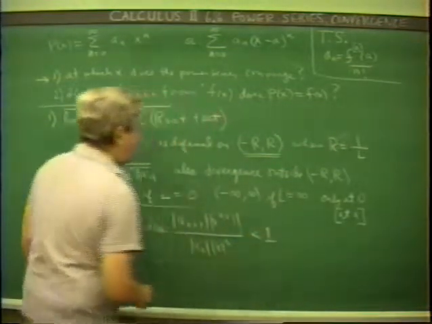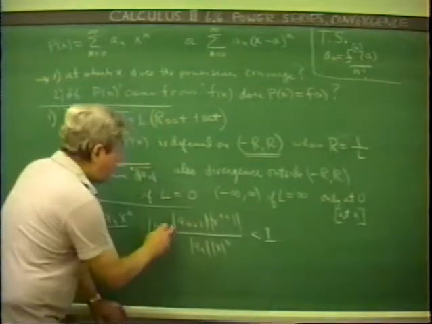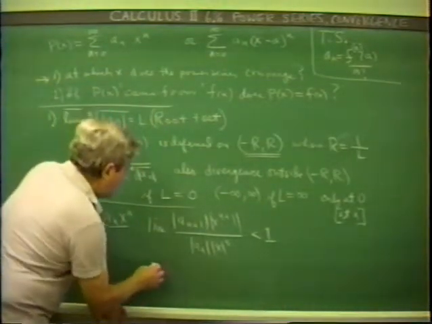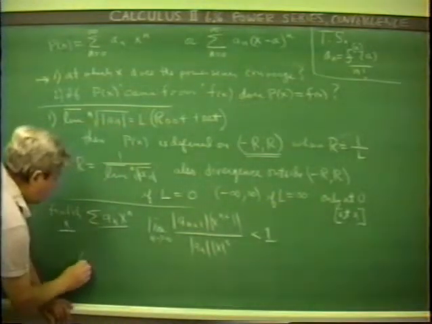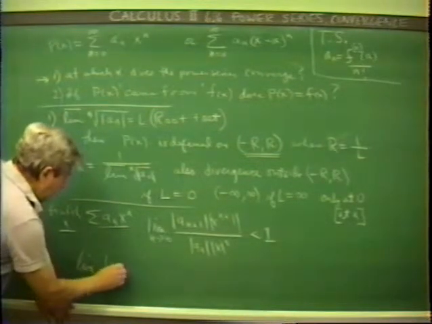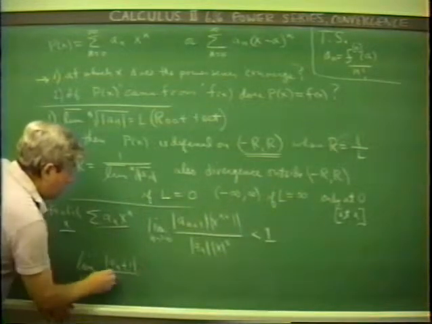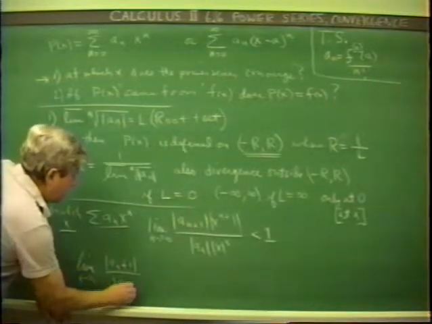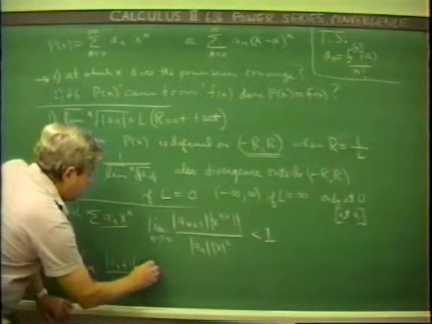We want to know when this limit is less than 1. This is the limit as n approaches infinity of absolute an plus 1 over absolute an, times absolute x.